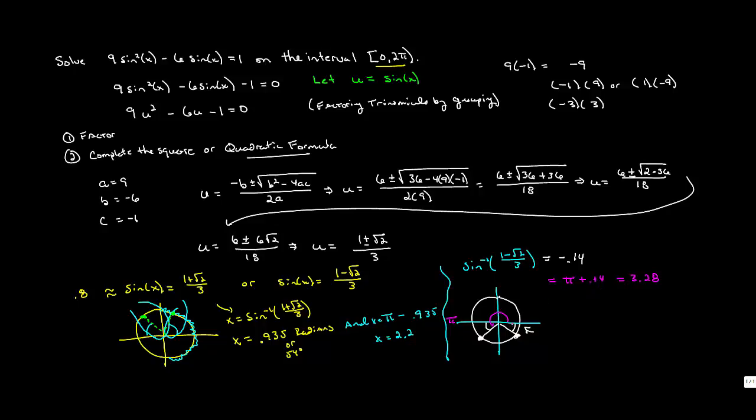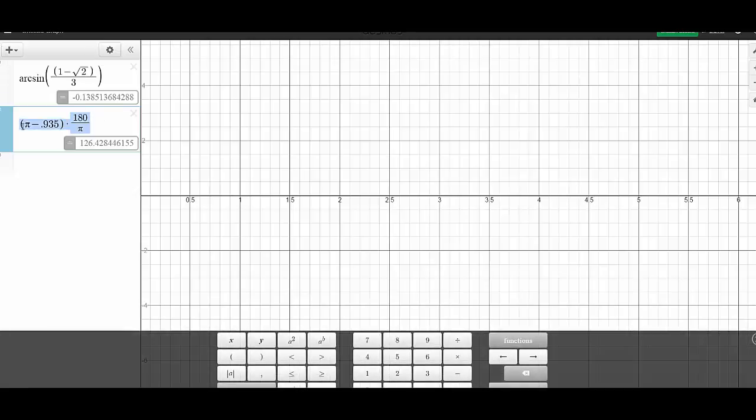Now the other angle is here, like that. And so what I need to do is take 2 pi and subtract, because this length is 0.14 radians, right? So 2 pi minus 0.14 is 6.14, we'll say roughly.